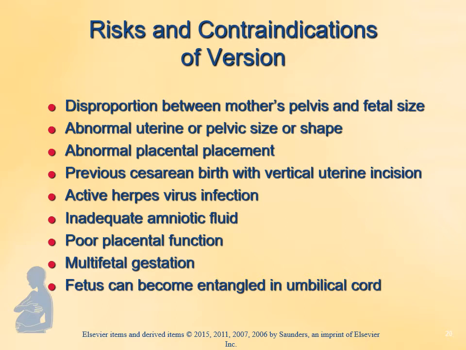And if that placenta isn't functioning well to begin with, we probably wouldn't want to cause further stress or chance shearing that off from the uterus, so we would probably not do a version on it. Another risk associated with doing a version is that the fetus can become entangled in its own umbilical cord, and that can cause some distress for the fetus as well.